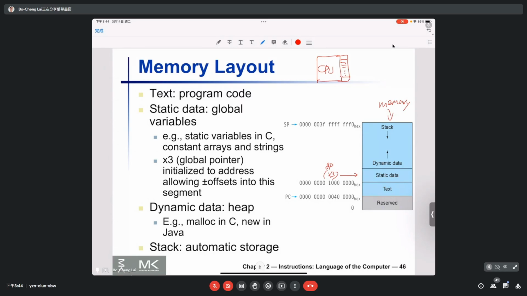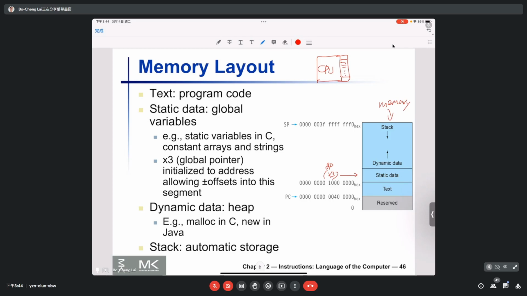With that x3 pointer, I can easily access the data in the static data area. I can add a little, subtract a little, and get the data at that position. We also learned the stack pointer.